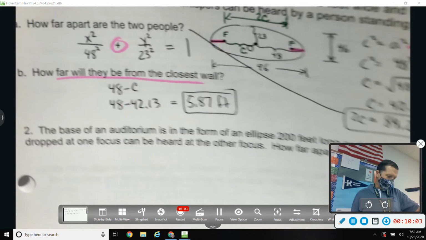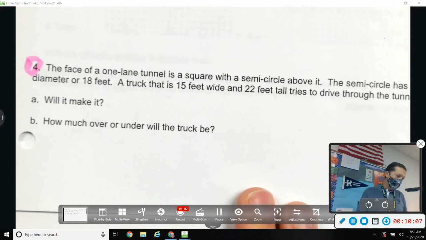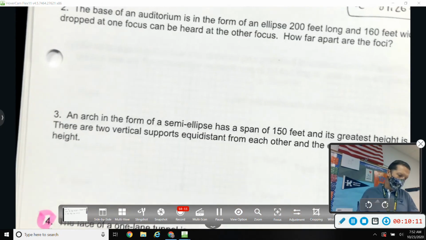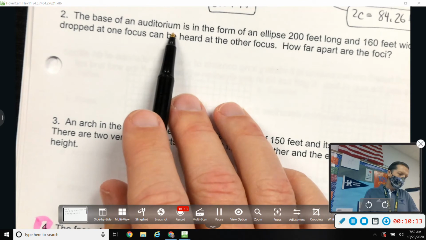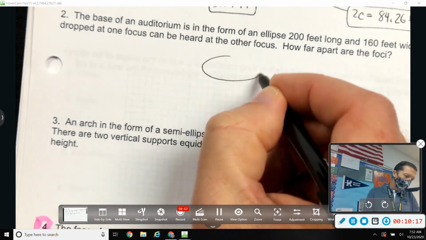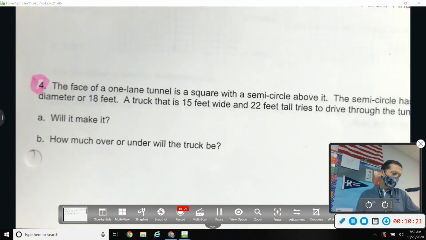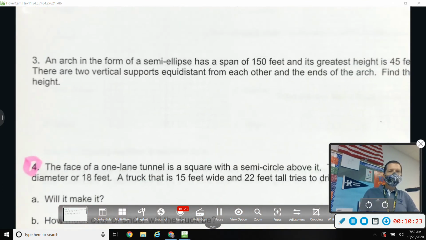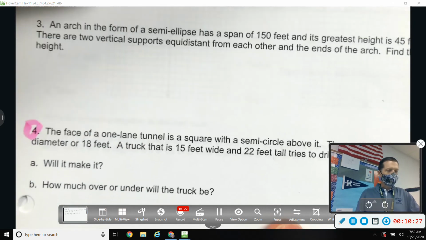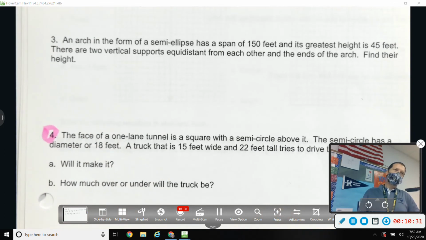All right, let's skip down to number 4. In fact, you can kind of see number 2 and number 3. 2 is really similar. The base of an auditorium is in the form of an ellipse. So, real similar question. Number 3, an arch in the form of a semi-ellipse. You may not have heard that term before, but you can probably figure out what a semi-ellipse is.